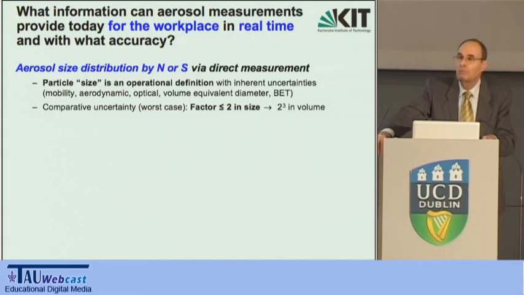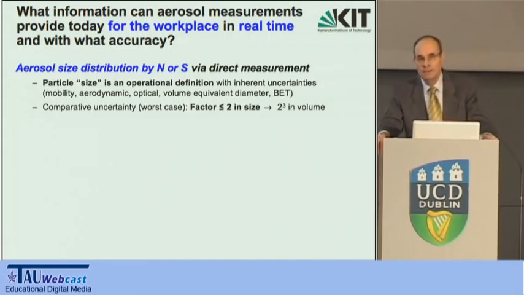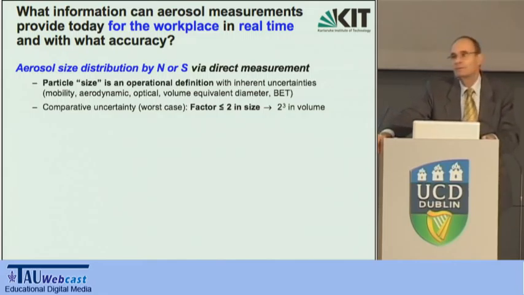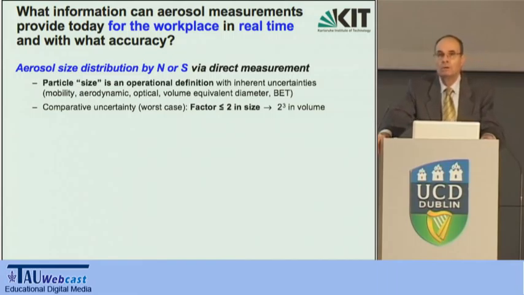So the comparative uncertainty between the different techniques, if lab A or workplace A uses this device and B uses another device and C a third device, is something better than a factor of 2 in size, which isn't bad. If you know particle size, let's say, well, it's not 100 nanometers, but it's maybe 200 nanometers, that's not bad, this kind of information.